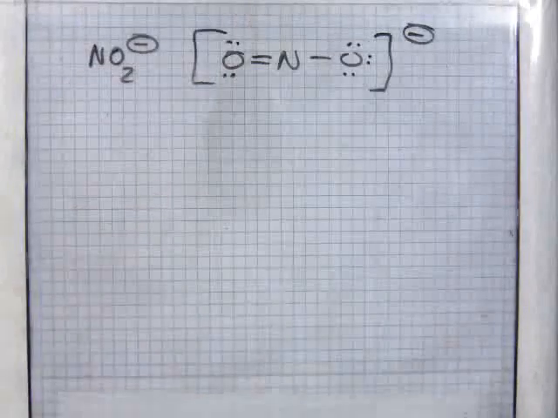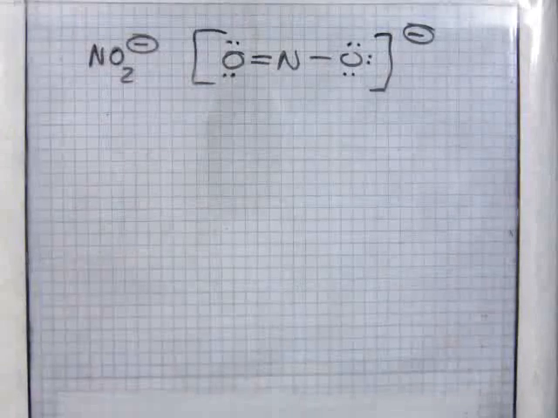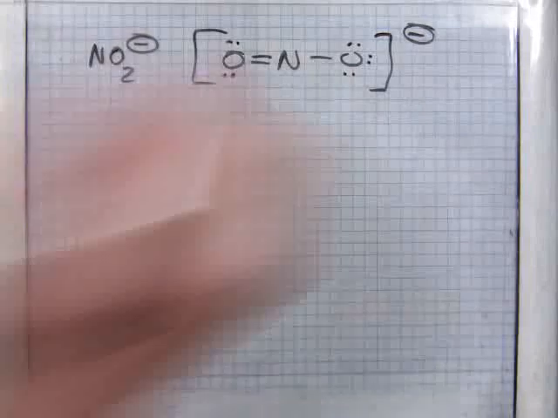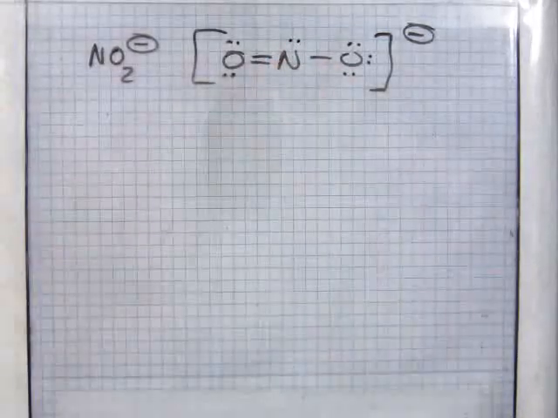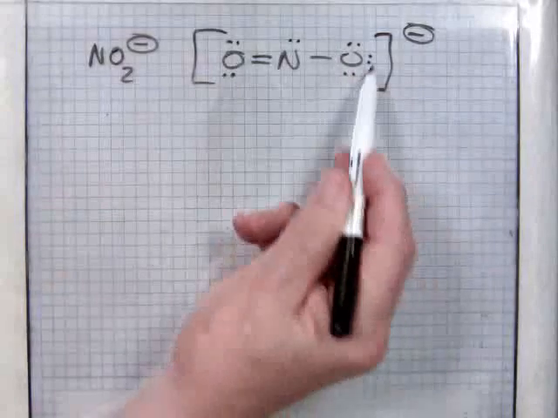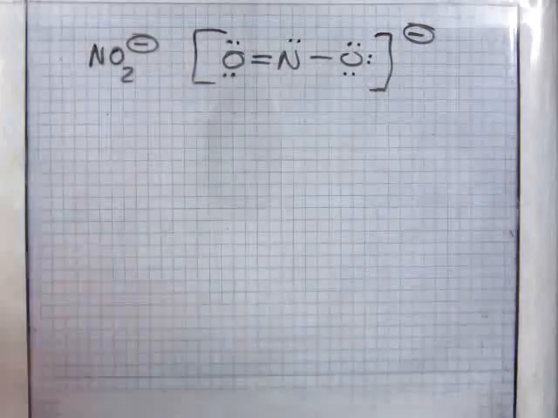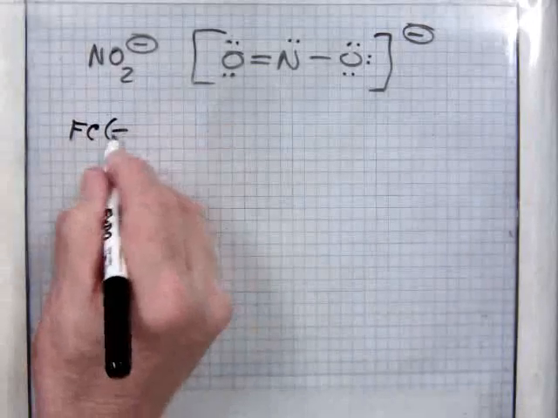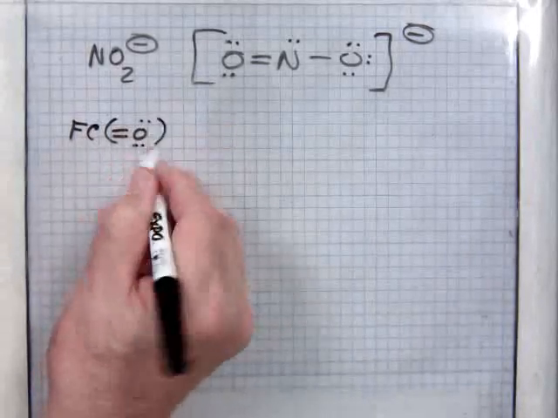Hang on. Okay, back to where I was. So I want to calculate the formal charge on each one of these and then add up the charges. Now, it already conforms to the octet everywhere. You can see that. So I want the formal charge on the double bond oxygen right here.